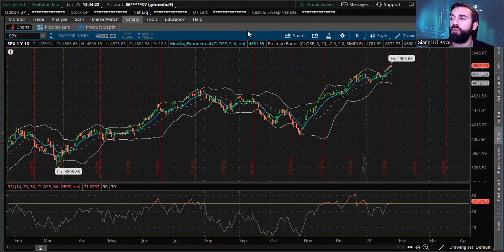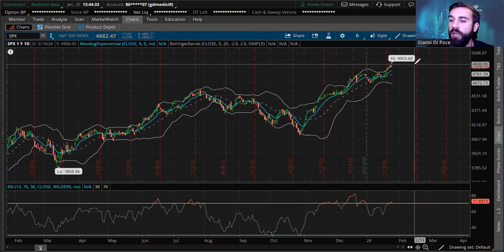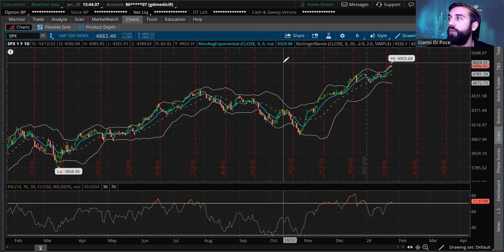The science would be the purely objective component of it. From the standpoint of objectivity, I could sit here and tell you that the objective truth was that on the 24th of January 2024, the S&P 500 hit a new all-time high at 4,903.68.